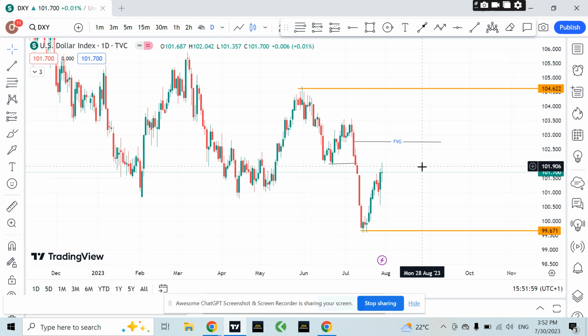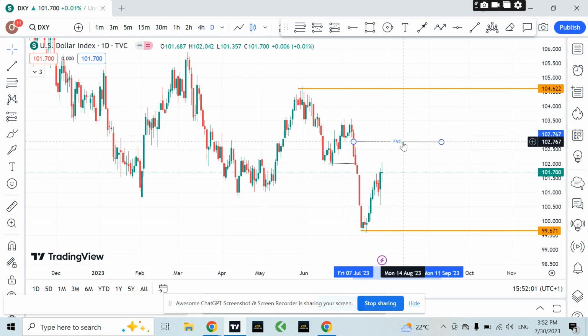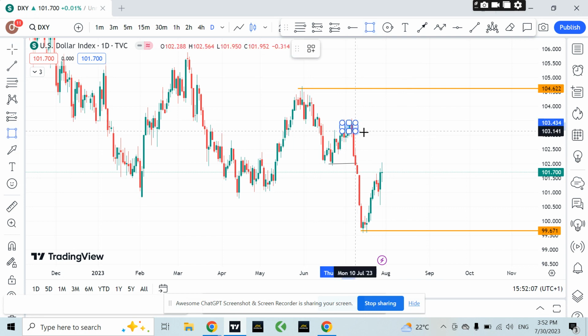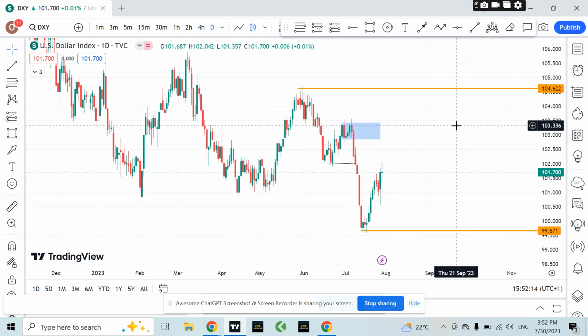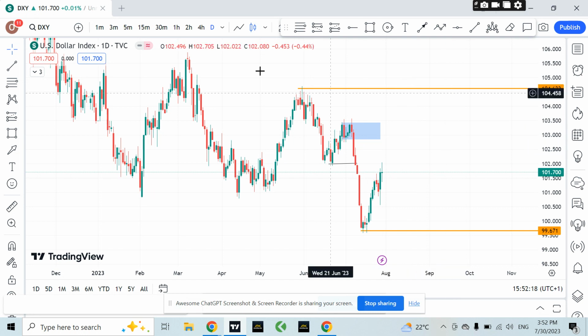Having that in mind, let me remove this. I've already seen that this zone can be, let me just mark it out, a good zone to get in for a sell. So the market can actually push up to this level.